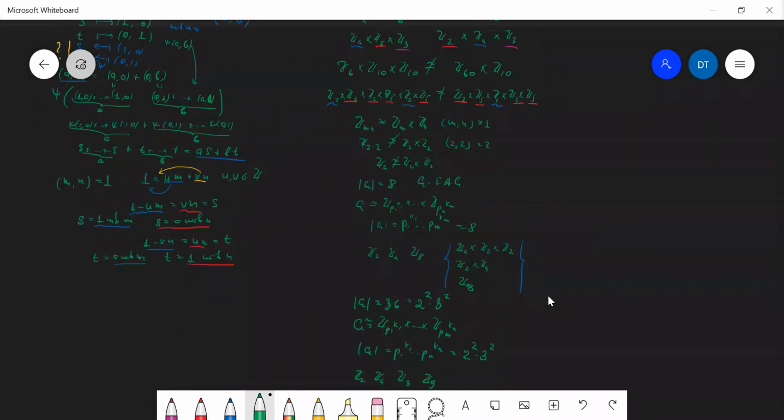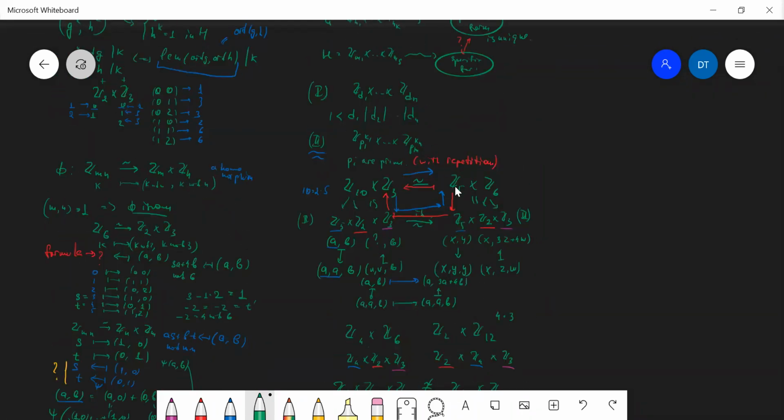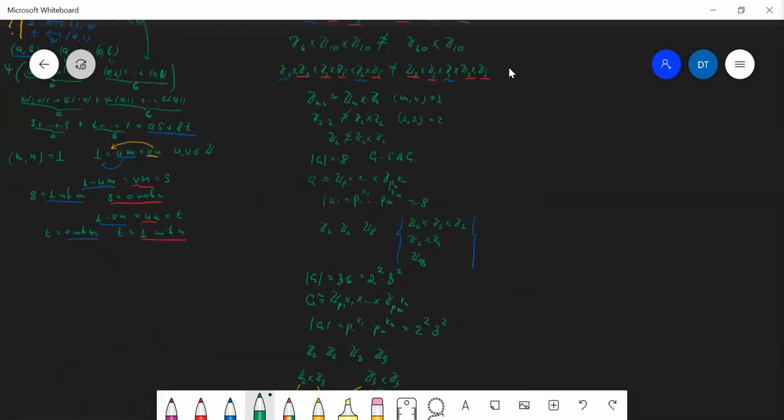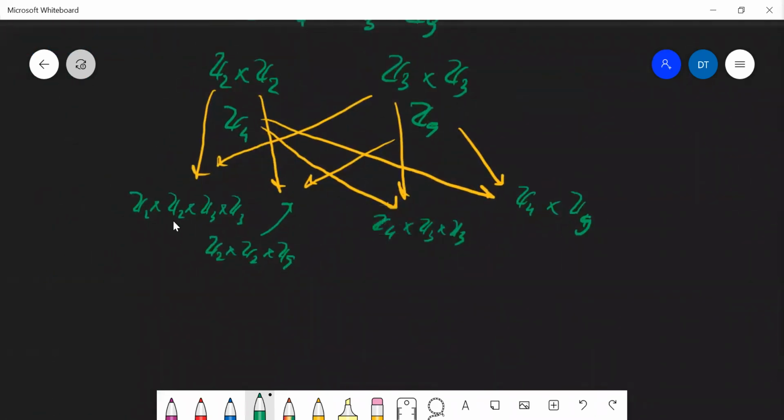Let me go back. So from this result, because you see, we produced the groups in the second form. The order of each product is a power of a prime number, and all 4 options have different form.